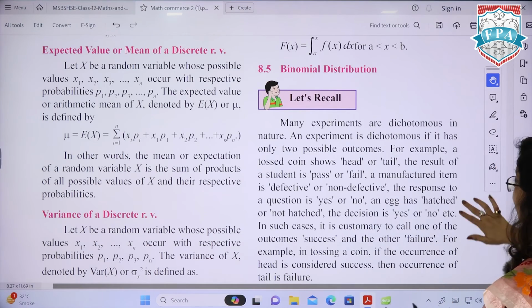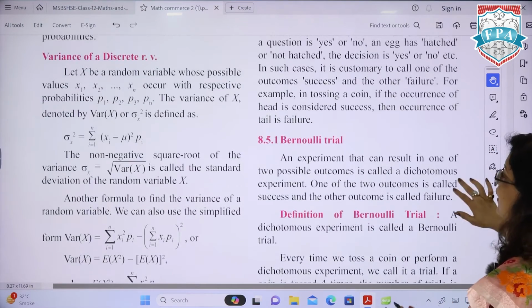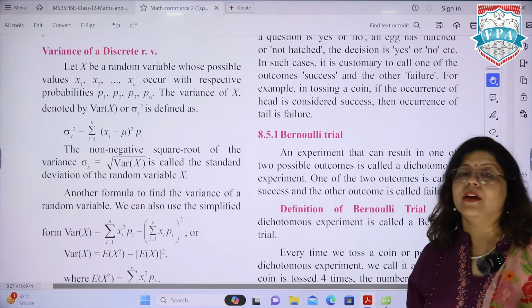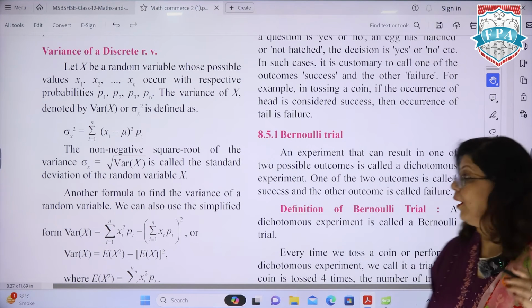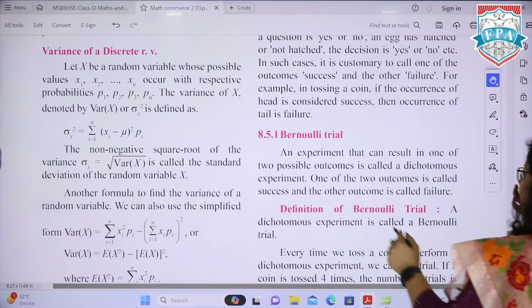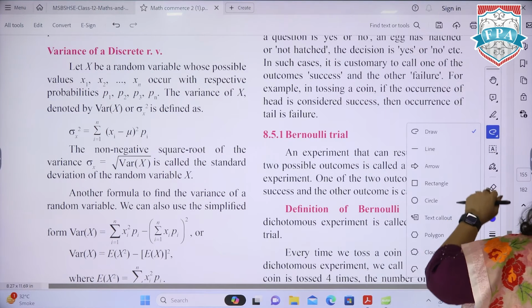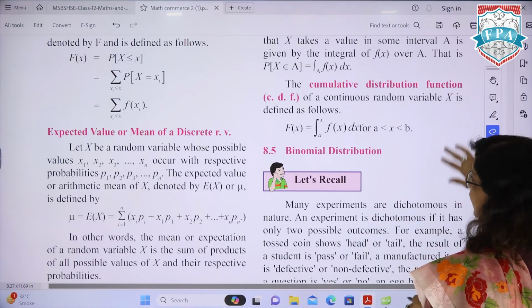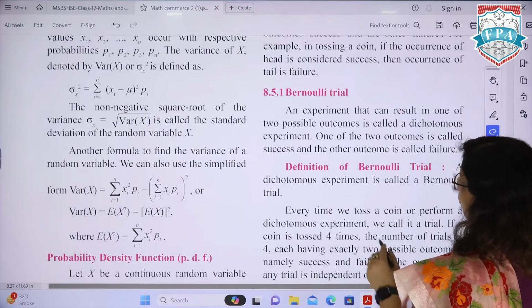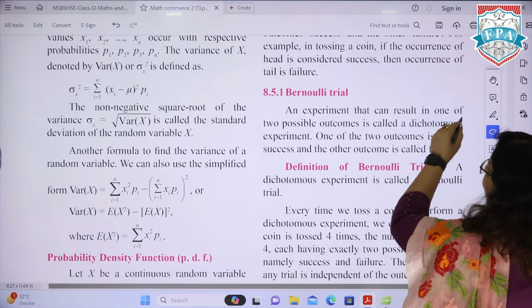For any question, if you are having two responses, then that sort of trial is known as Bernoulli's trial. An experiment that can result in one of the two possible outcomes will be the Bernoulli's trial. The two possible outcomes are happening and not happening.